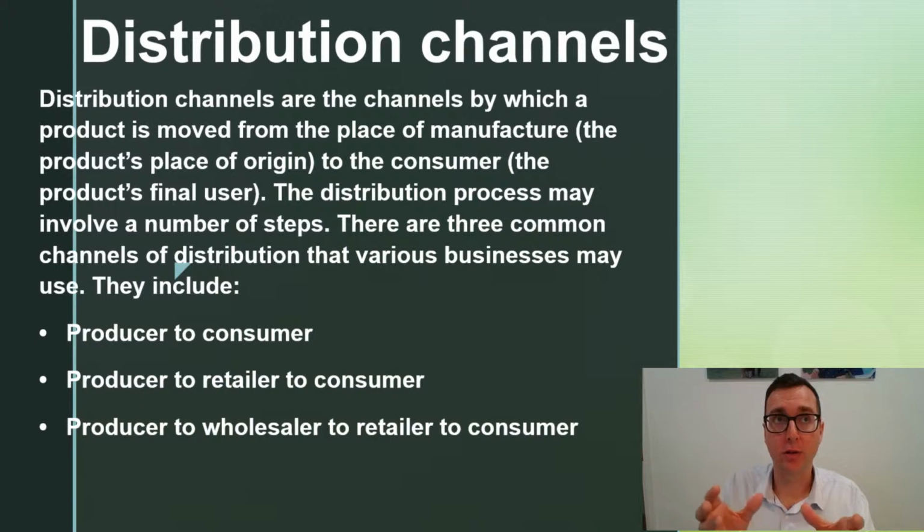They are often a company that would import from overseas the manufactured items. The wholesaler then sells to the various retailers in Australia, and the retailer then sells to the consumer. So that one's called P to W to R to C. Producer to wholesaler to retailer to consumer. That again is the distribution channel.